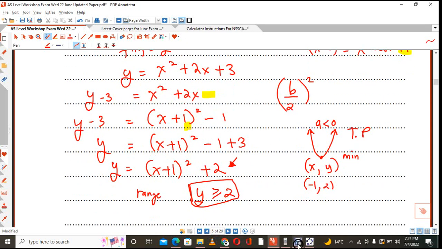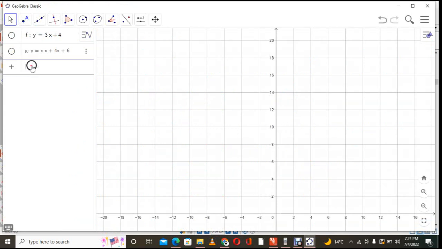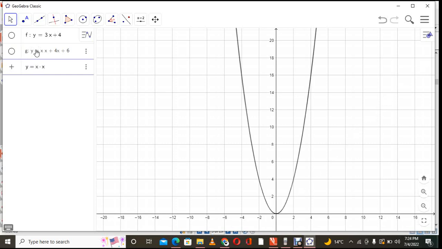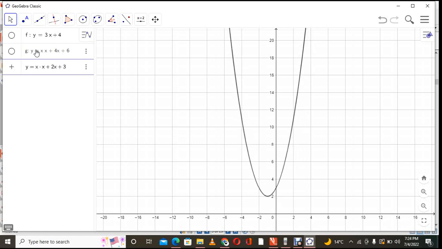Since I have the software, I'll quickly show you what I mean. If I type that function in, y equals x times x, so x squared plus 2x plus 3. Can you see?